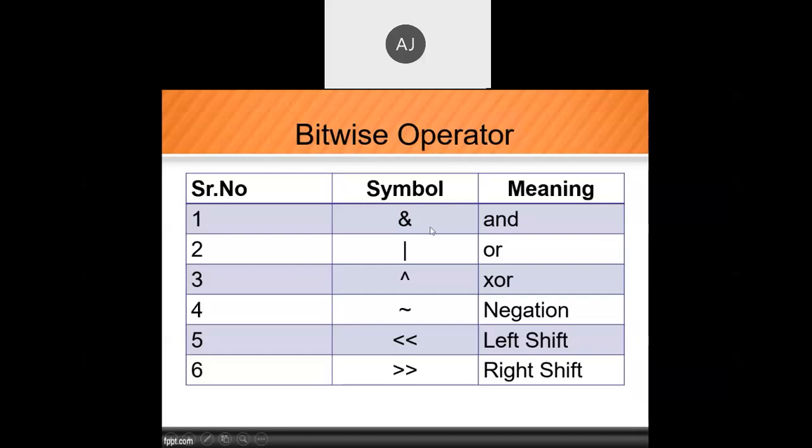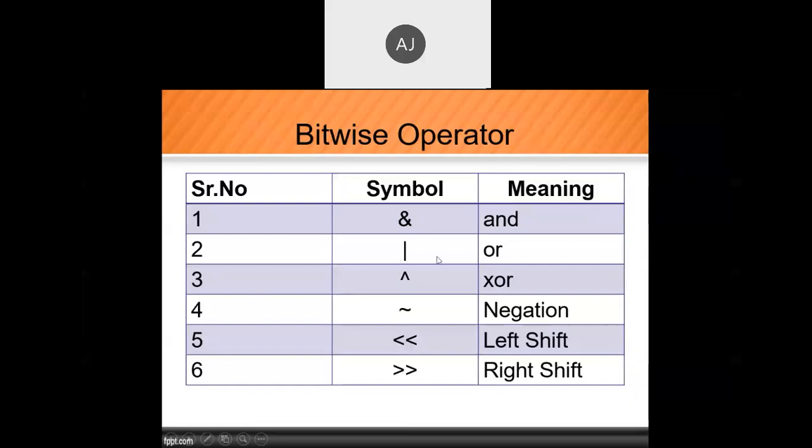But in the bitwise operator, if the first value is 1 and the second value is 1, then we get the output as 1. Otherwise, all the rest of the outputs will be 0. That means the first value must be 1 and the second value must be 1. We'll do the practical and we have a table for that.